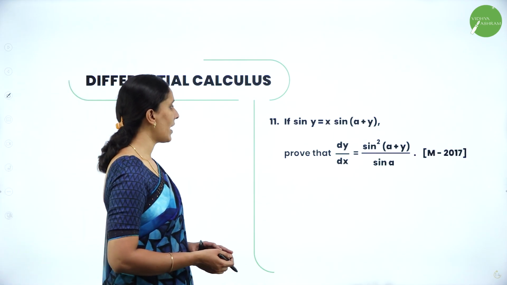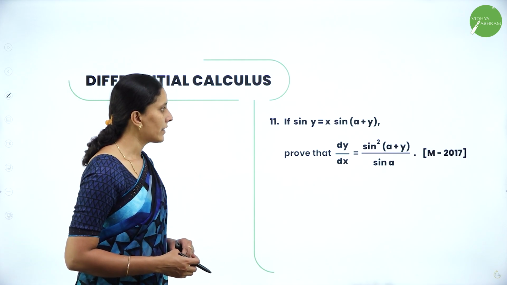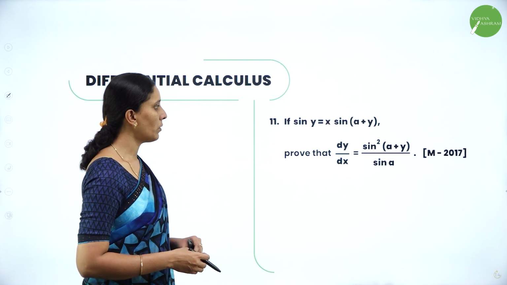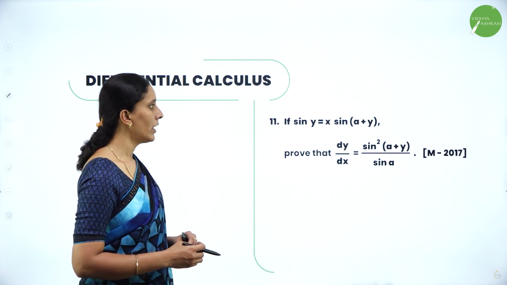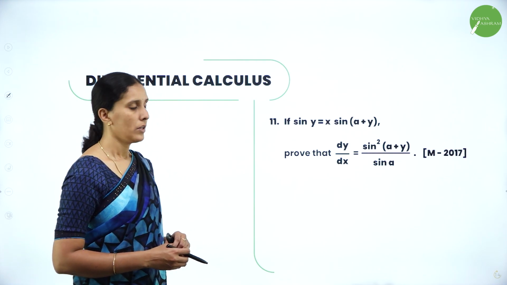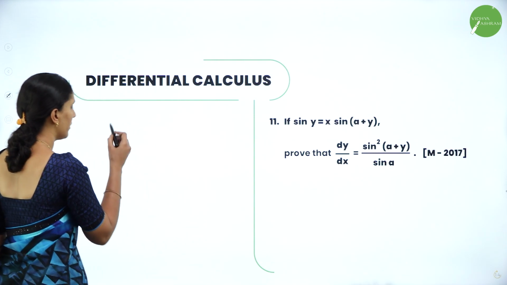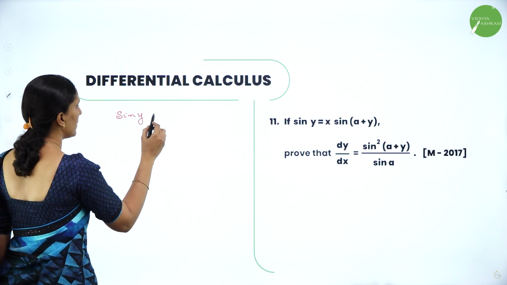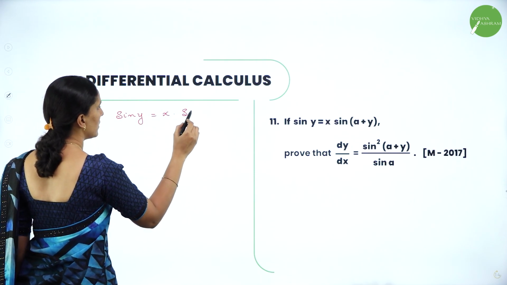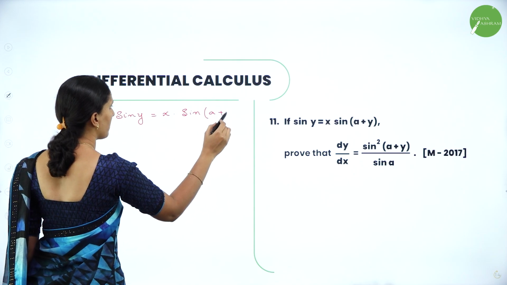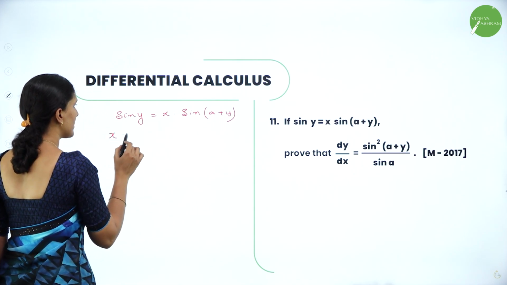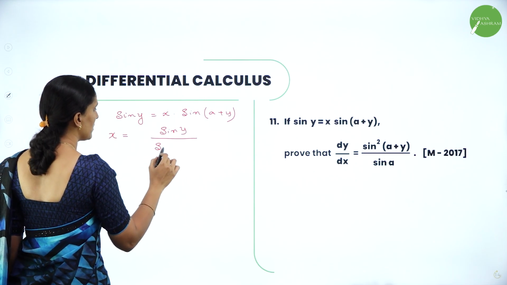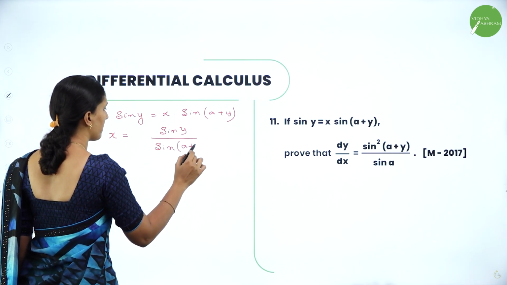Next we have, if sin y is equal to x sin a plus y, prove that dy by dx is equal to sin square a plus y divided by sin a. So now here we have sin y is equal to x into sin a plus y. Let me take x is equal to sin y divided by sin a plus y.